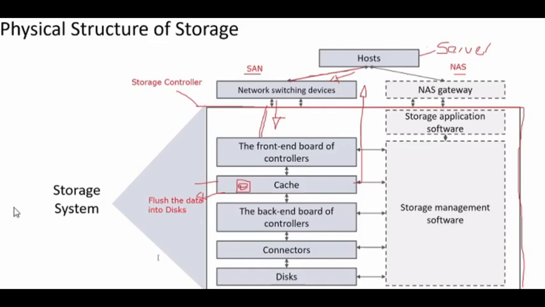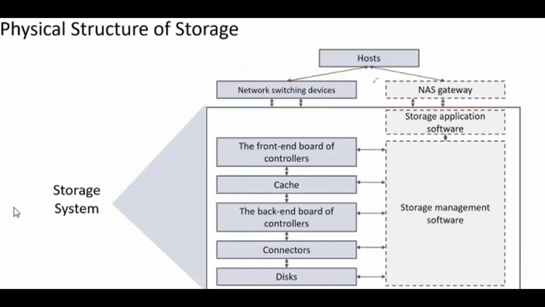So maybe cater for more users or something like that. And once that is done, it will slowly flush the data into the disks. Once it's flushed into the disks, then you're actually saving it into your actual disk. This process is only after the data is saved into the cache.